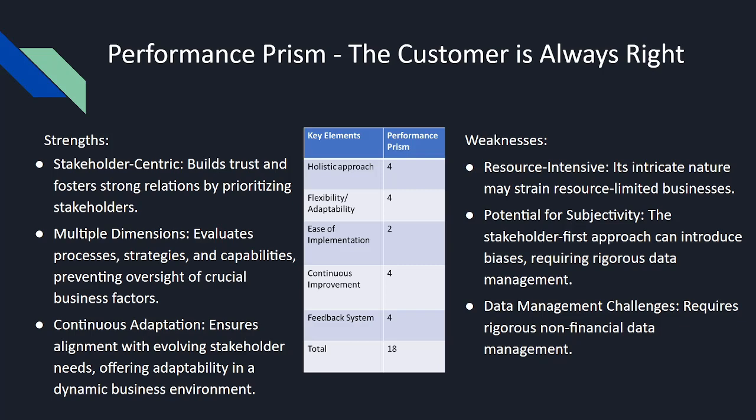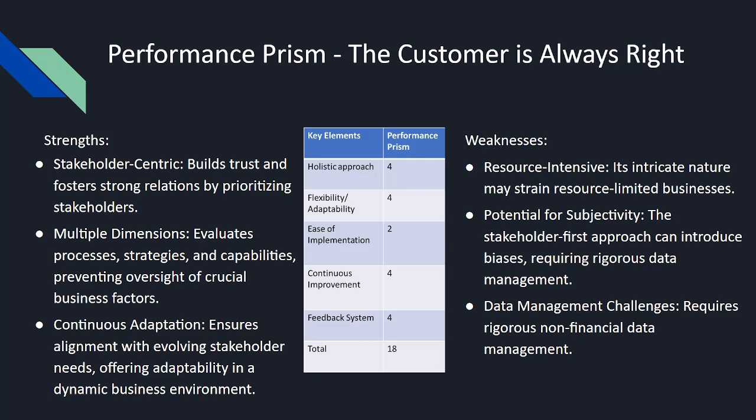Then we're going to move over to the weaknesses. It is resource intensive. It may strain resource-limited businesses as it requires a lot of resources, data, time, and information to implement the model. Potential for subjectivity is a weakness. It is centered as a stakeholder-first approach.